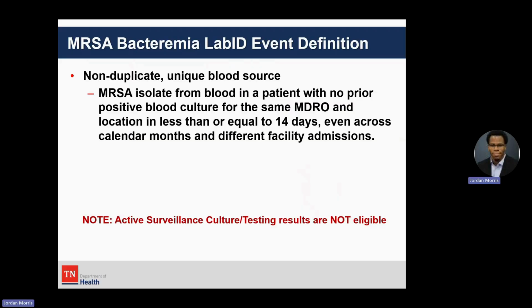Duplicate specimens are only those positive specimens collected within 14 days of a previous positive when the specimens were collected on the same unit. If two specimens are collected from and attributable to two different units, they must both be reported regardless of the time frame between specimen collection.